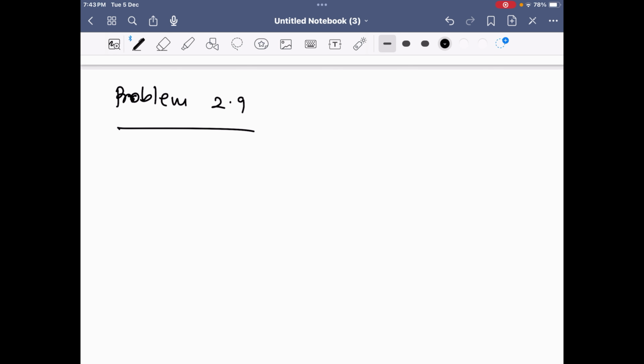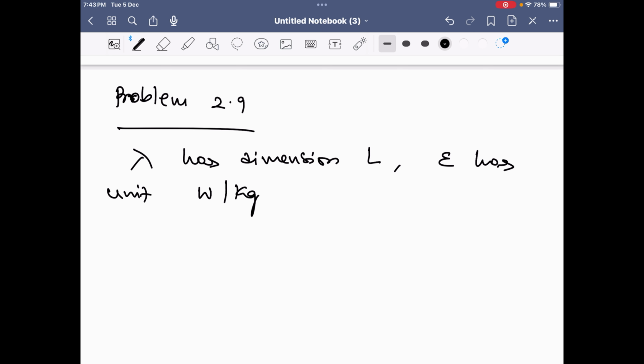Problem 2.9. So lambda, as I told, from the unit we can easily understand the dimension because it is given in micrometer, dimension of L, and epsilon has unit watt per kg.